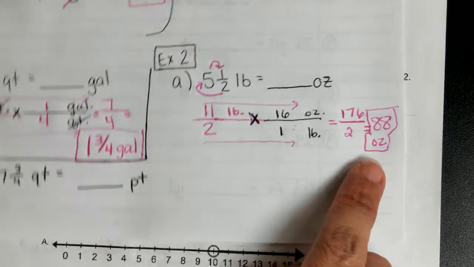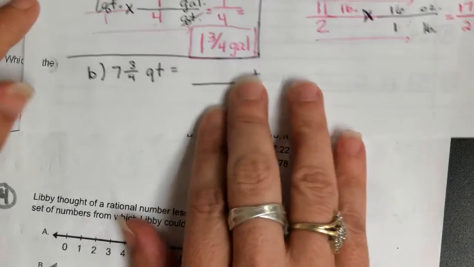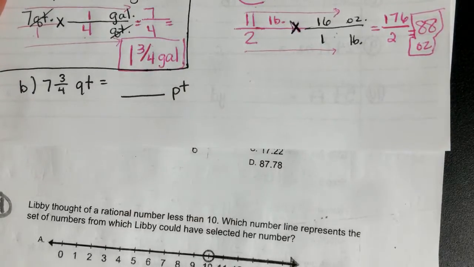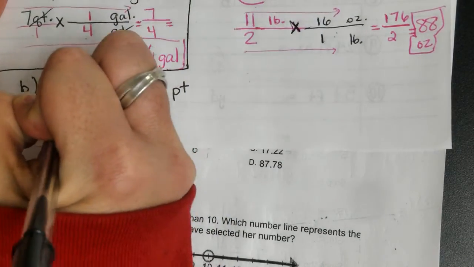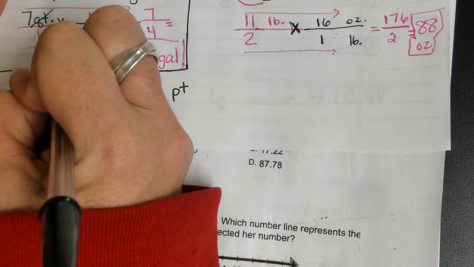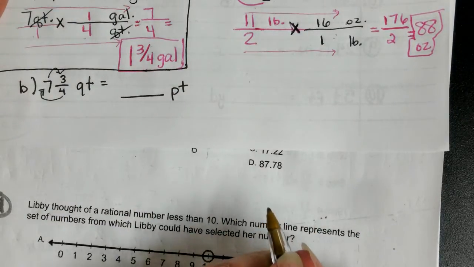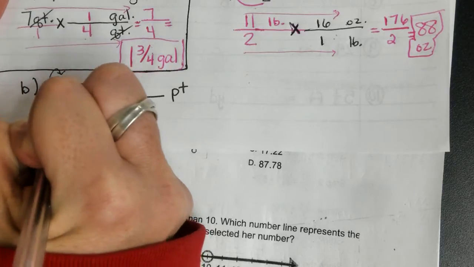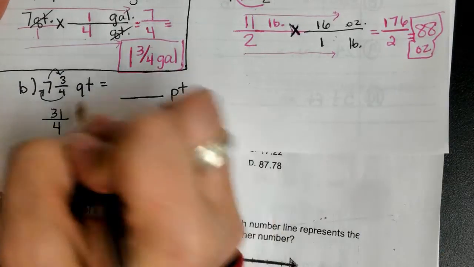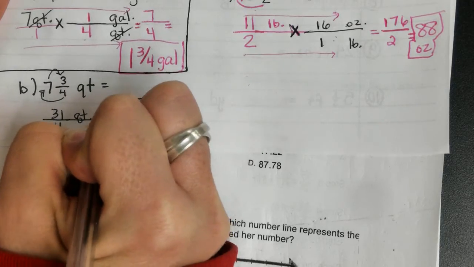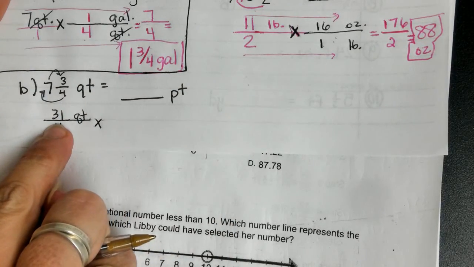Okay, doing letter B here. Okay, so change the 7 3/4. It would be 7 times 4 is 28 plus 3. 31 over 4. Okay. You want the quarts to go with the 31, make sure it's on top.